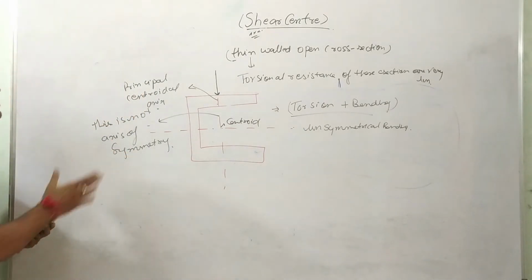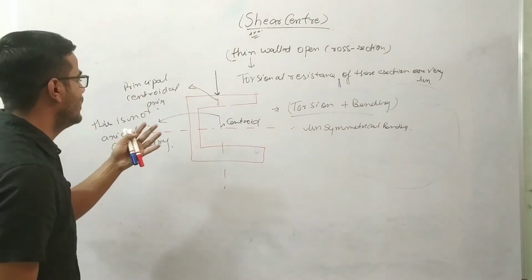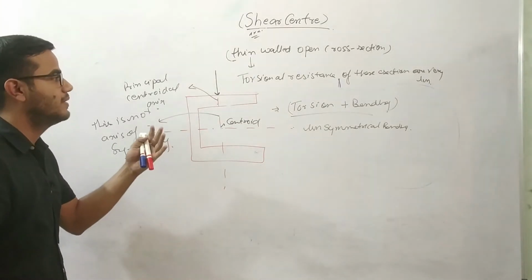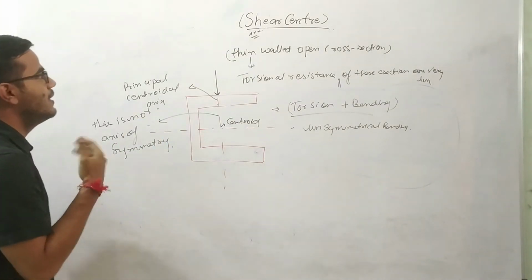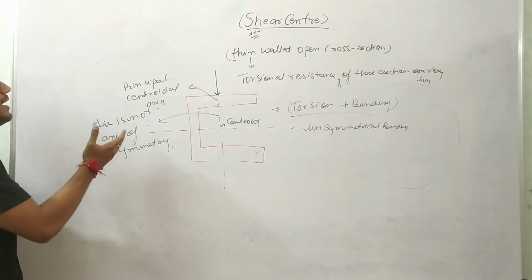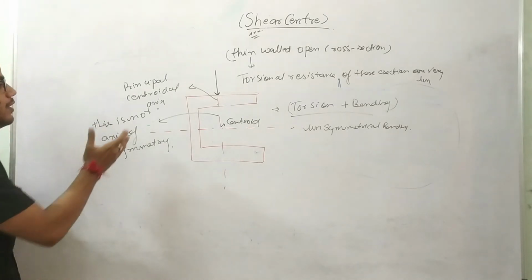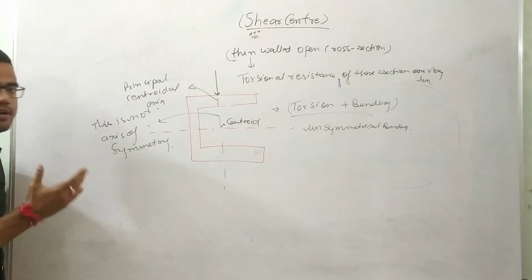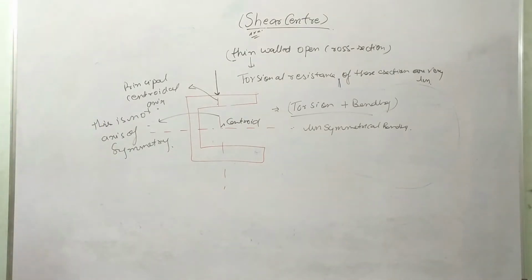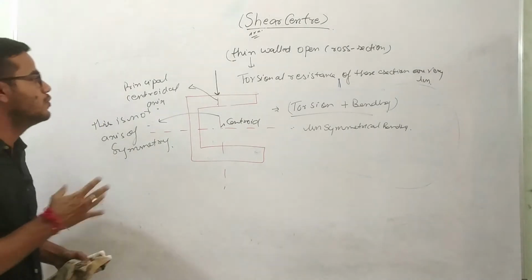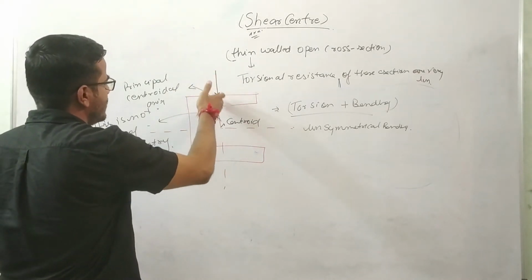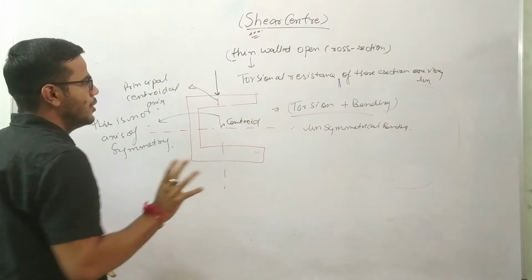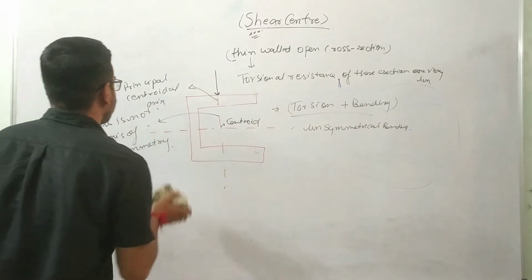So in this type of structure, we need to take care of this torsion, and we take care of it by applying the load along the shear center. Now we'll learn about the shear center. We have discussed the use of shear center, because if I apply load along this axis, this member will twist. Why will it twist? We'll see now.